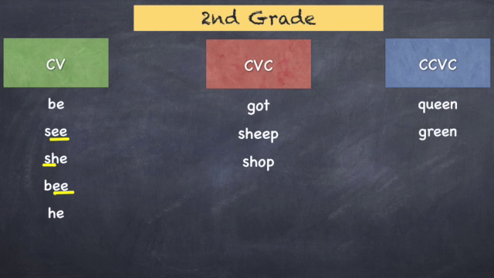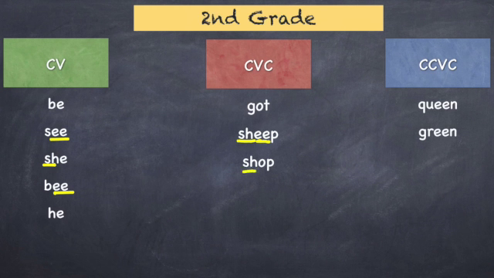Okay, for our CVC, in that same concept, we have the word sheep, where the EE is going to make a singular sound, and so is SH, and also SH in the word shop.